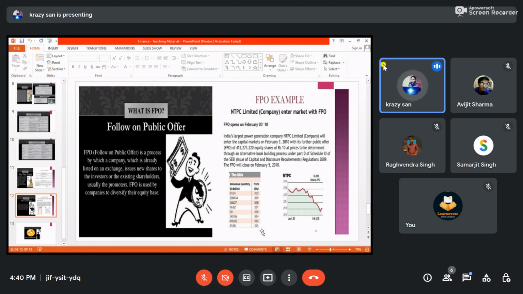So for an FPO, any organization or company can come, and the newspaper publishes it. If you go to the financial market column of the newspaper, you can see many companies coming up with IPOs or FPOs, and with shares, equity shares or preference shares.